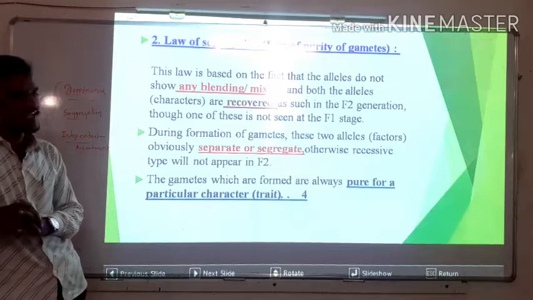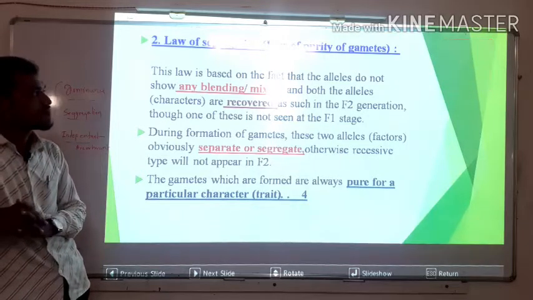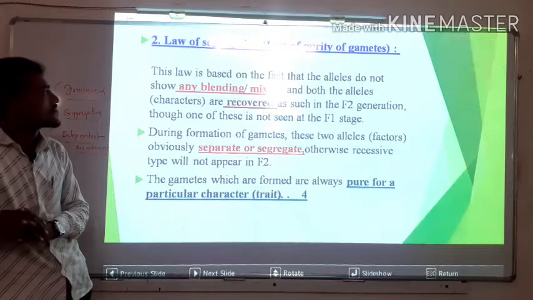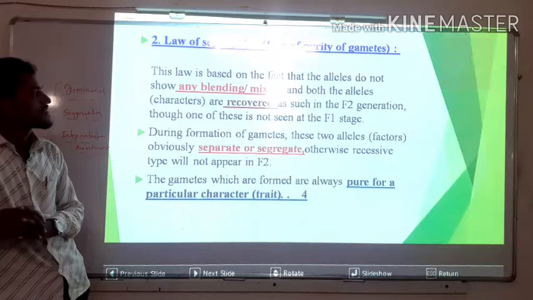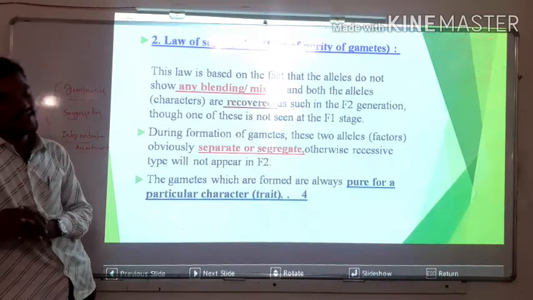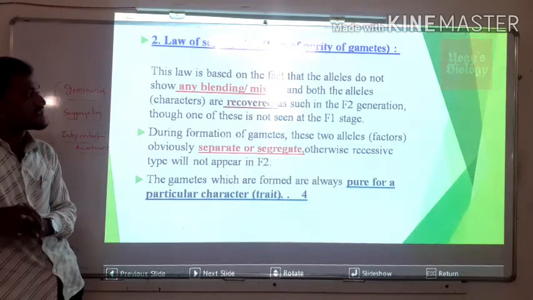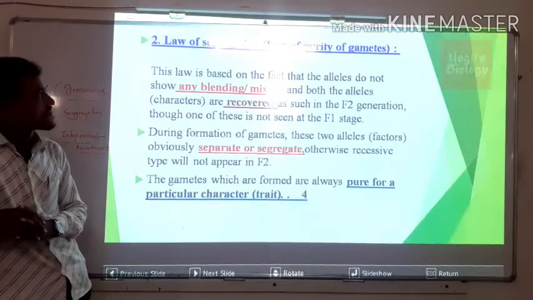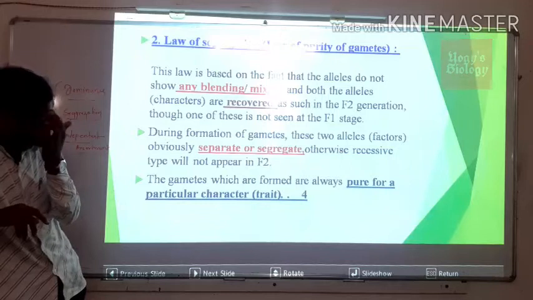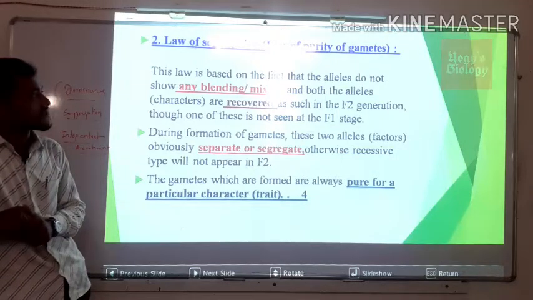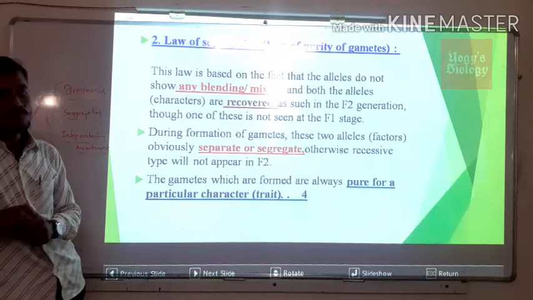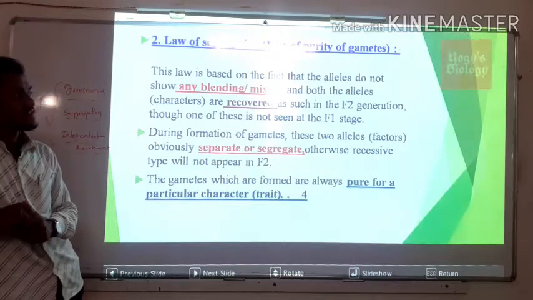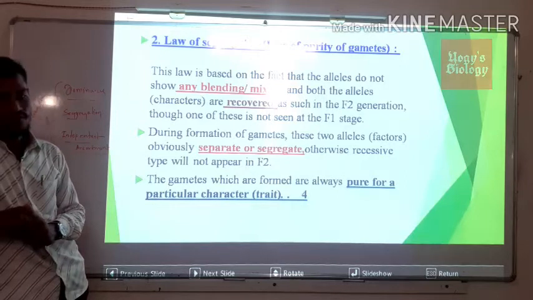This law is based on the fact that the alleles do not show any blending or mixing, and both the allelic characters are recovered as such in the F2 generation, though one of them is not seen at the F1 stage.